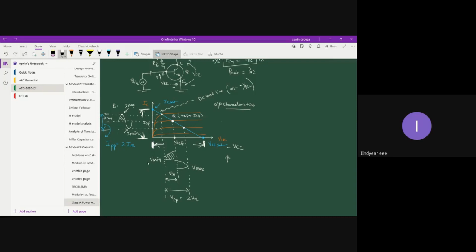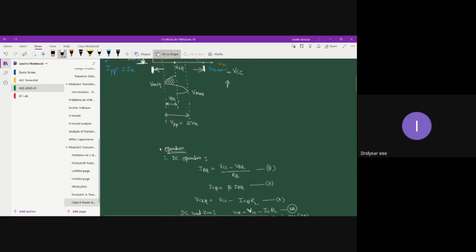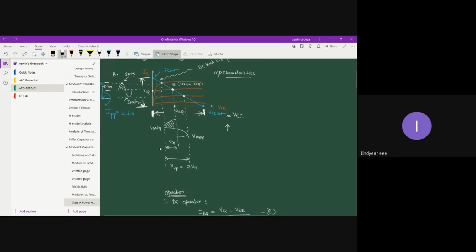So this should have been the maximum swing for the output voltage. However, while calculating the efficiency, we never considered the maximum swings. We considered a kind of finite swing, wherein your collector current was toggling between I maximum and I minimum value.